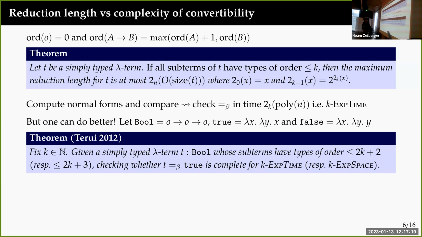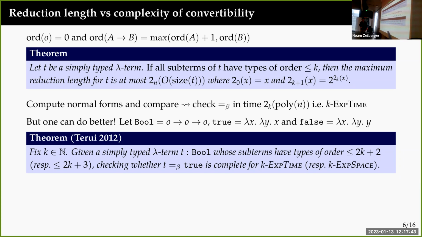I'm not sure exactly, but anyway, you have a striking phenomenon here. You take this simply typed lambda term of type bool. Now you have the bound. Instead of being k, the bound on the order of the subterms is like 2k plus 2 or 2k plus 3.